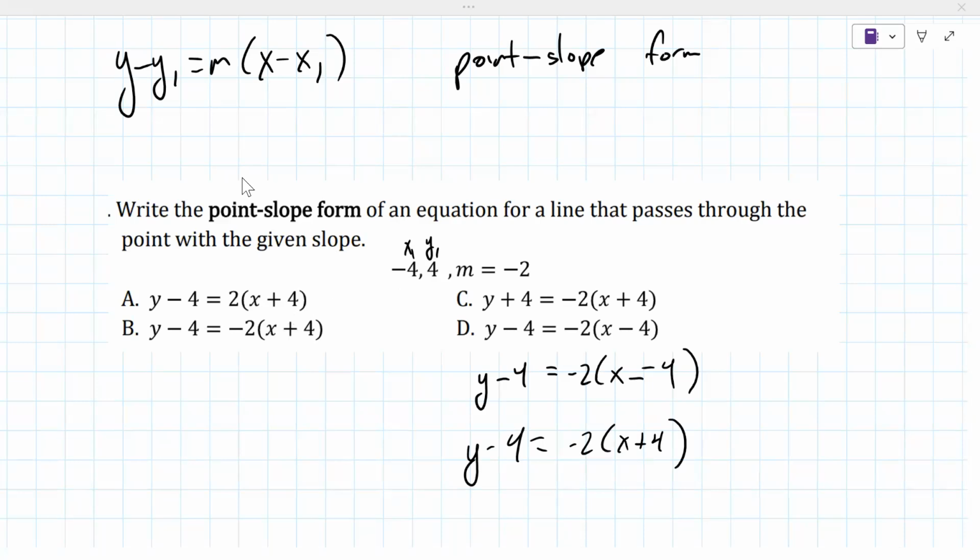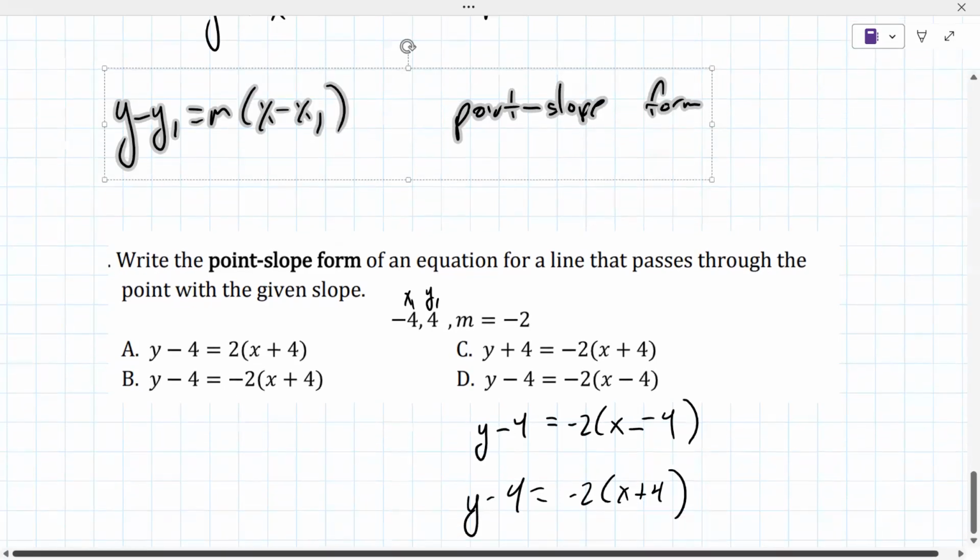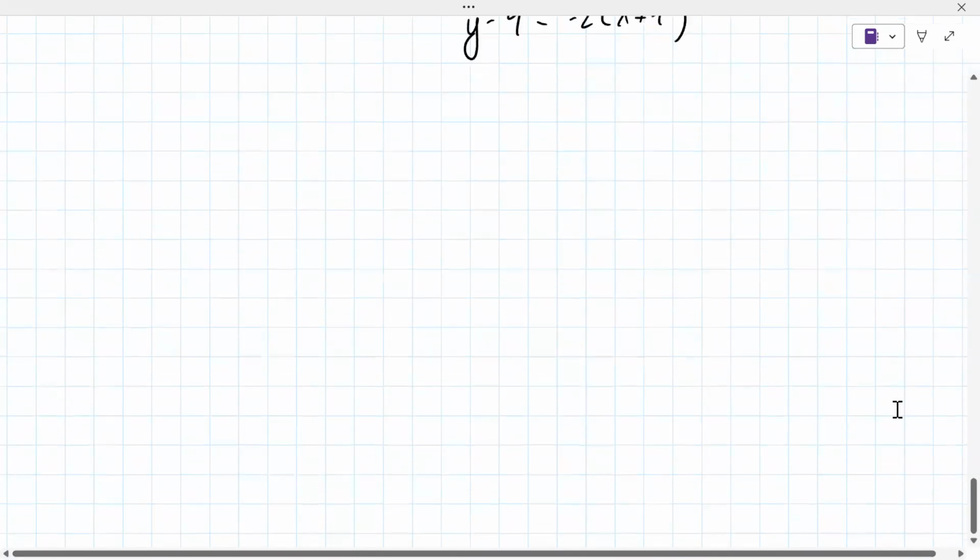Okay, let's try another one here. Do you have this point slope form written down? Oh, yeah, I do. Okay, so let me ask you to write the equation of a line.